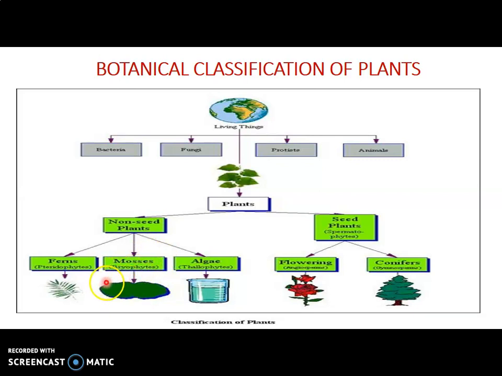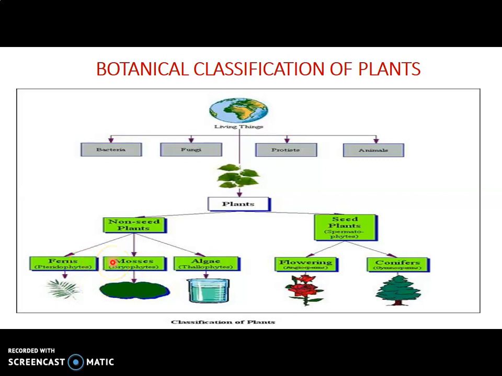They reproduce by means of spores, not by seed, so they are not seed plants. Their body is not differentiated into stem, root, and leaves. An example of such a plant is the moss plant, a typical example of a bryophyte.